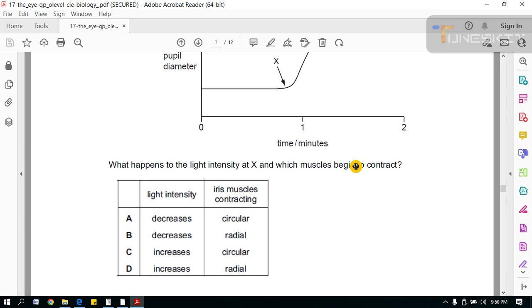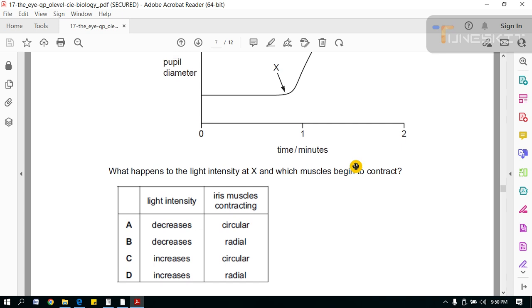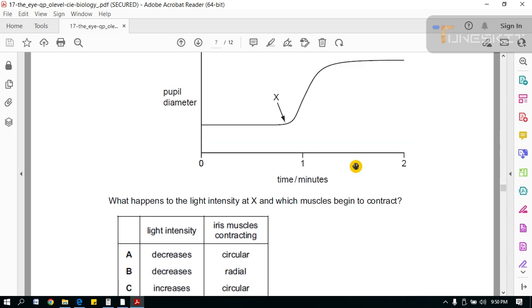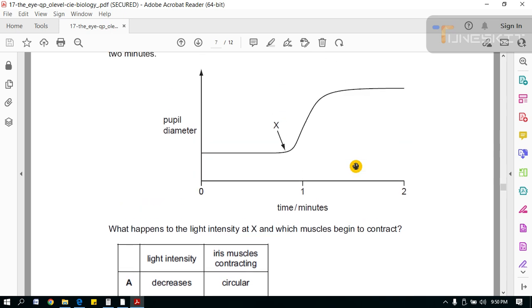Which one? Circular or radial? Which one will increase? Again, it is related to when you are in light and when you are in dark. So the first thing we have to establish here is whether the light intensity increases or decreases. Light intensity decreases.